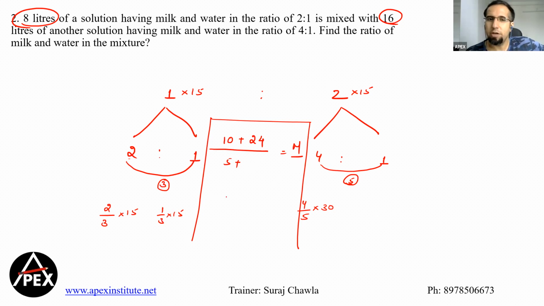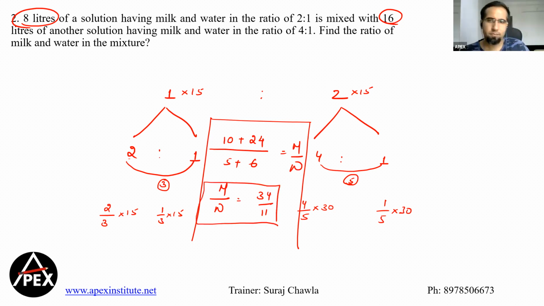So this is the quantity of water, which means the ratio of milk and water is equal to 34/11. Is this point clear with all of us? Great. Let's move forward, guys.